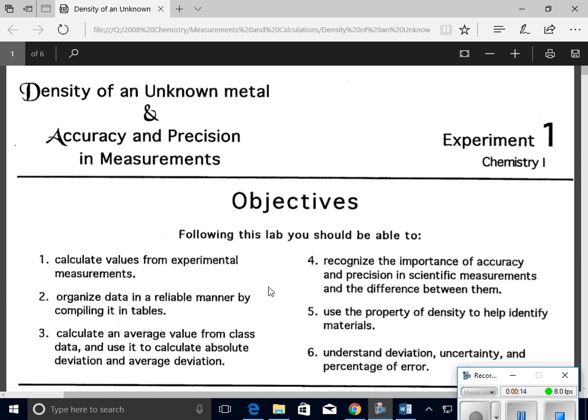The objectives of this lab are to calculate values from experimental measurements, organize data in a reliable manner by compiling it in tables, calculate an average value from class data, and use it to calculate absolute deviation and average deviation, recognize the importance of accuracy and precision in scientific measurements and the difference between them, use the property of density to help identify materials, and finally, understand deviation, uncertainty, and percentage of error.